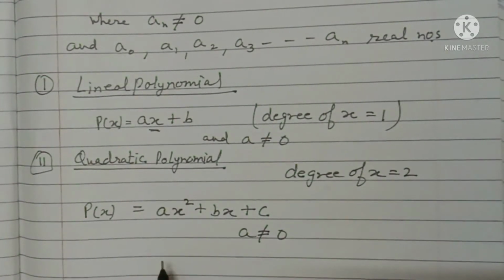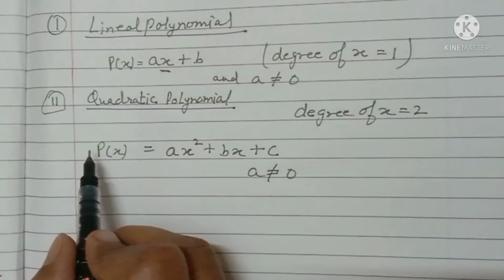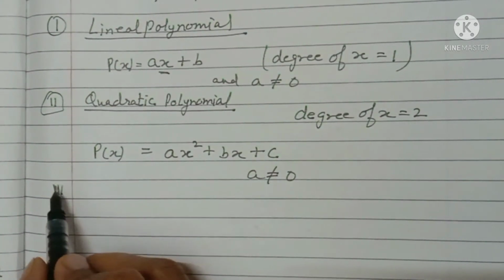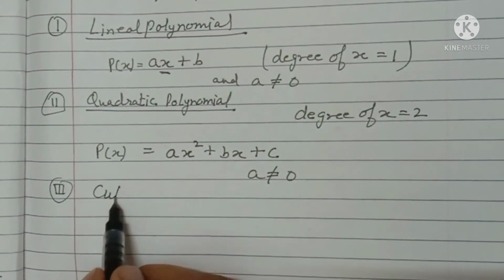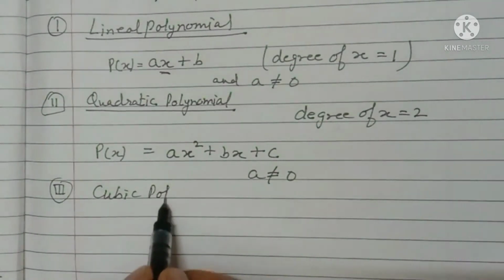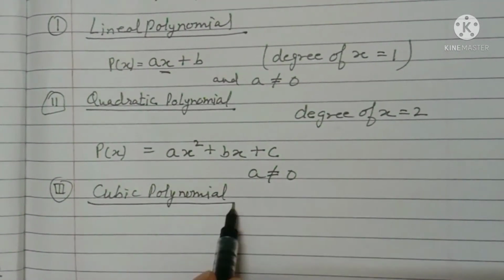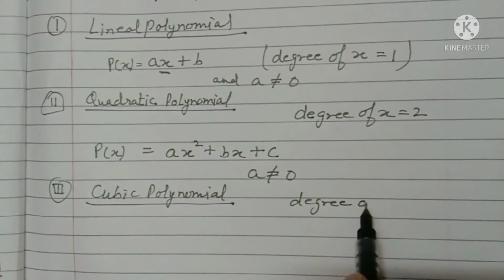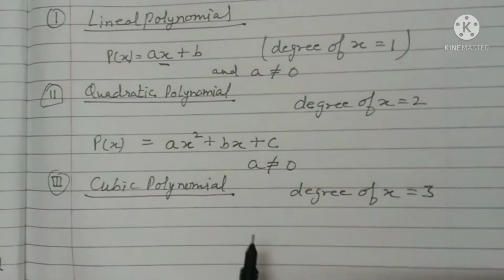Now come to the third type of polynomial, in which the variable x has the power 3, known as cubic polynomial. Degree of x is equal to 3 for the cubic polynomial.